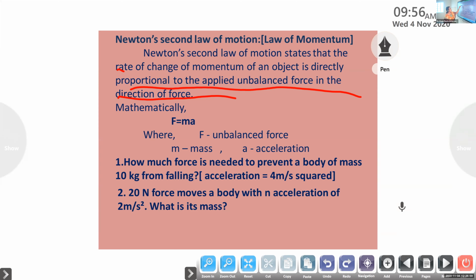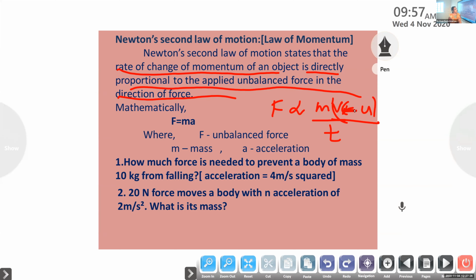It says that the rate of change of momentum of an object is directly proportional to the applied unbalanced force in the direction of force. That is, F is directly proportional to m into v minus u, because it is change in momentum.